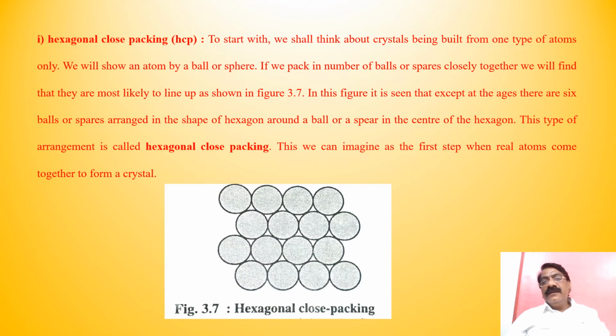This we can imagine as the first step when real atoms come together to form a crystal. See in the figure, at the center there is a sphere, and around this center sphere there are 6 spheres, and they form the hexagonal shape, and thus we can say this is hexagonal close packing, HCP.